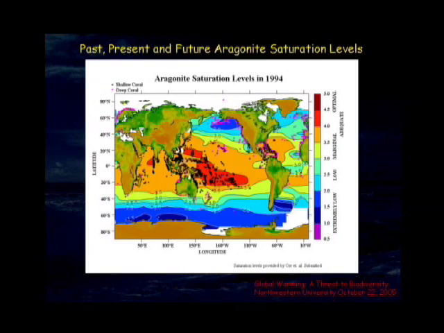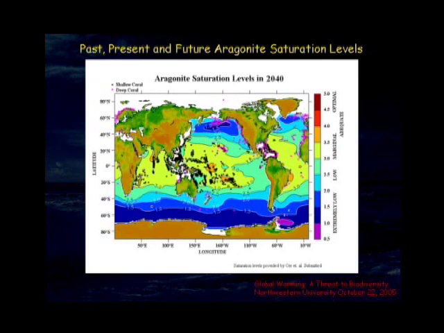Now we go to the present day condition, and you can see the CO2 is now having an impact at high northern and southern latitudes, so that the deep water corals are being affected now. But the present day coral systems, with a few exceptions, are at least in marginal to satisfactory conditions.